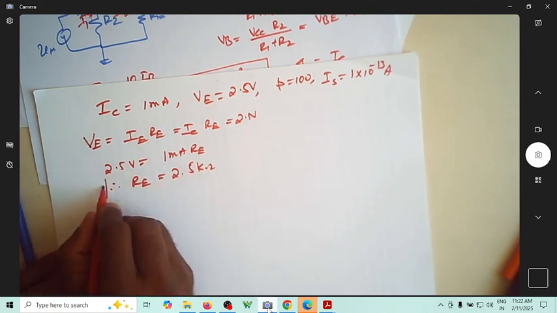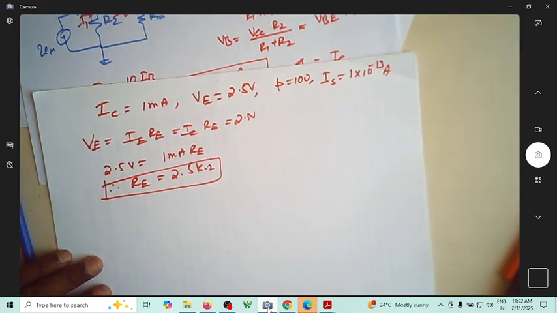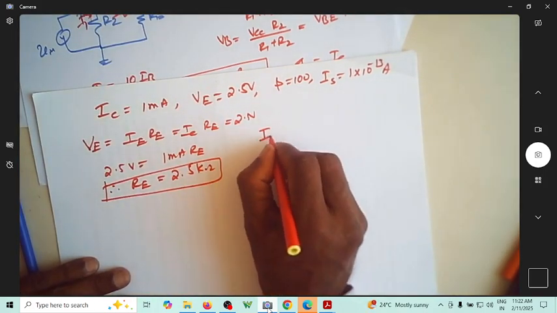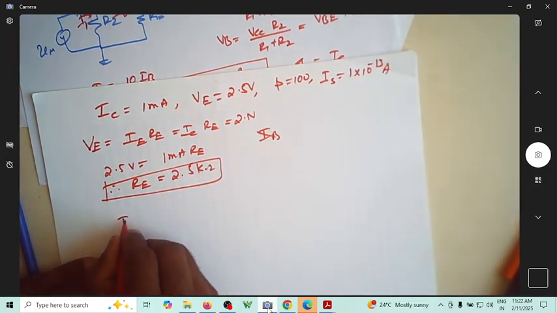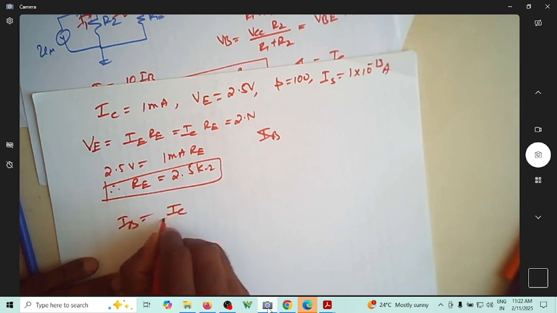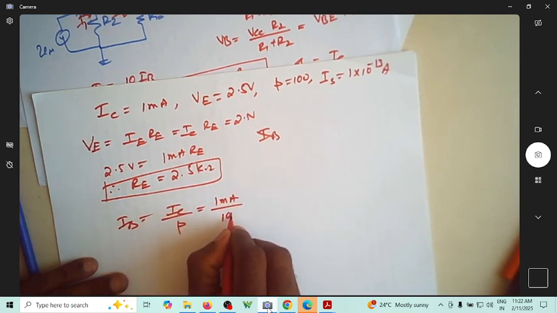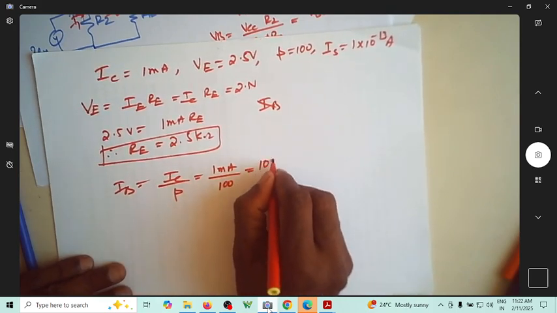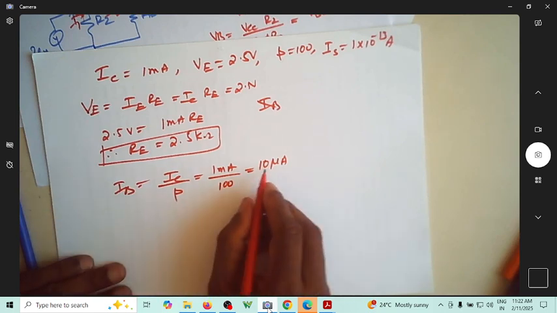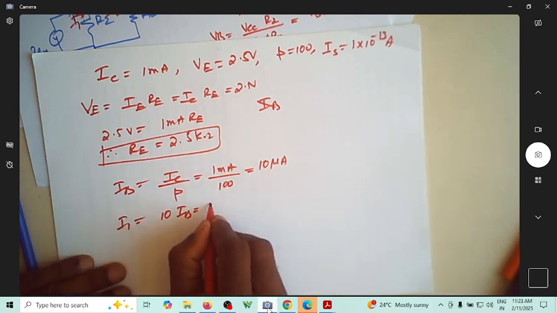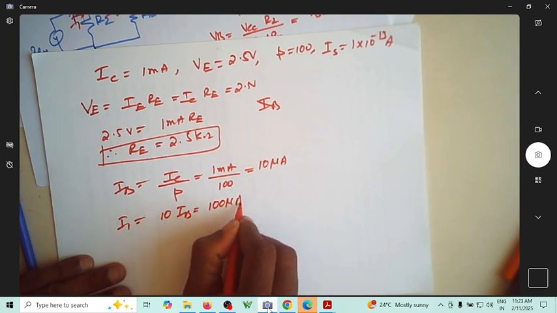2.5 kilo ohm. So this is the value of RE, and we need to find now R1, R2. So what is IB? IB is given by IC by beta, which is 1 milliampere divided by 100, which is 10 microampere. So I1 is 10 times IB, which is 100 microampere.